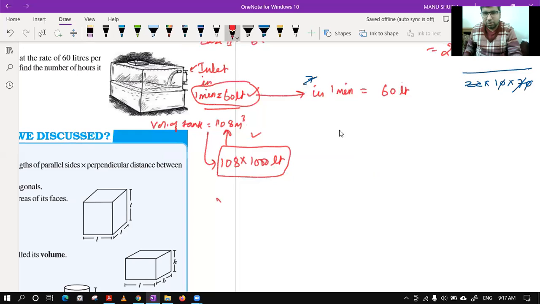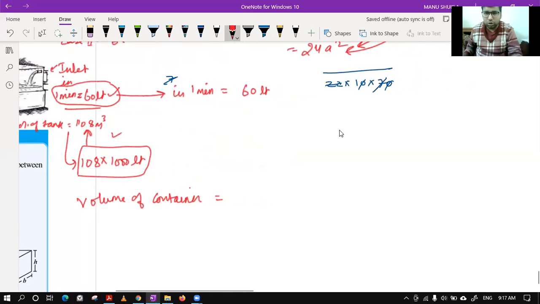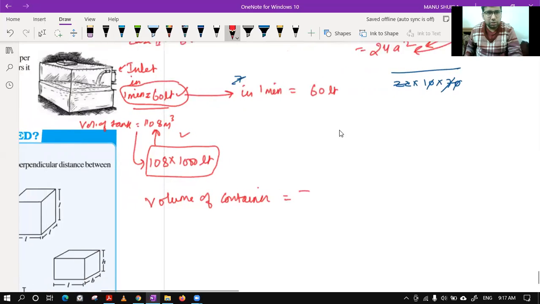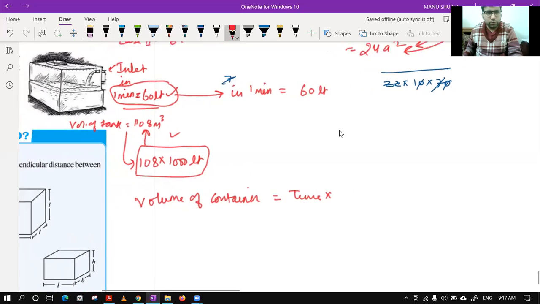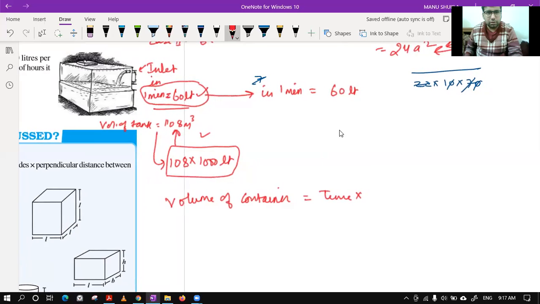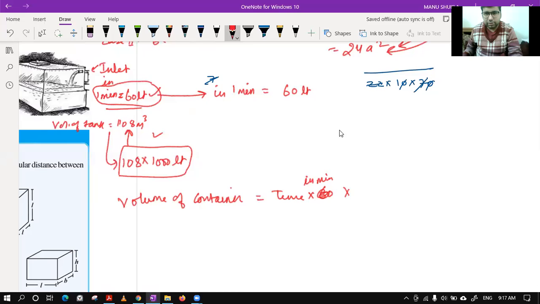We can say the formula or the statement will be volume of container is equal to time taken into this 60 liters. Time in minutes into 60 liters. Can we say this thing?